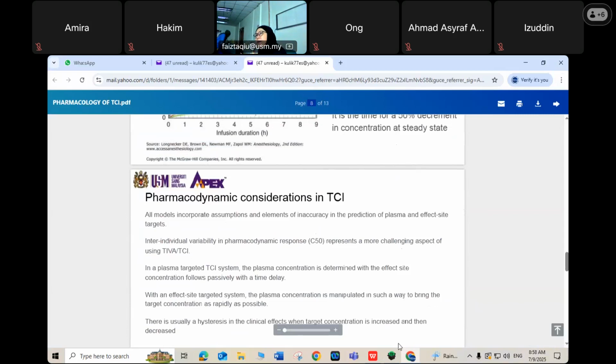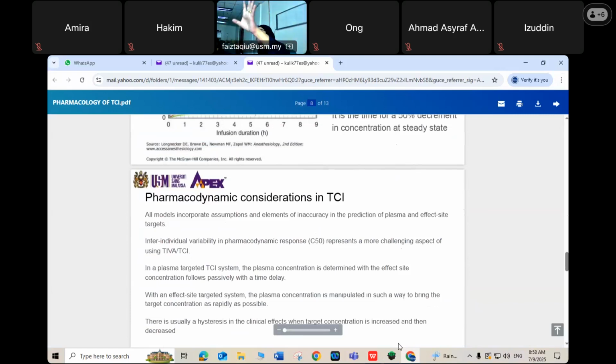Okay. Plasma concentration is determined, with the effect site following passively with time delay. Nanti saya cakap tadi, silakan. Time delay, okay. So saya cakap tadi, kalau kita follow the plasma concentration, you akan ada time delay for the effect site. Okay.